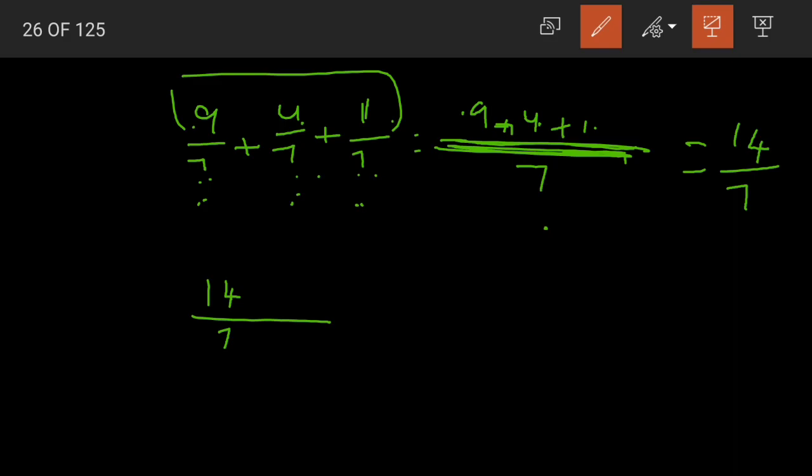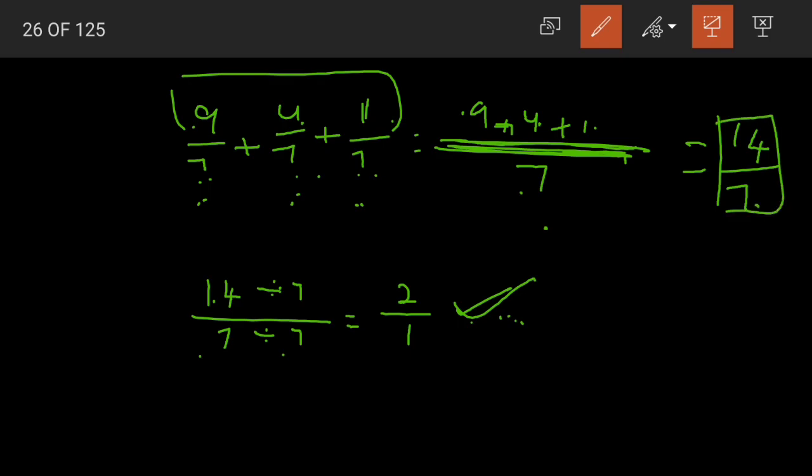If you remember about writing the fraction in the simplest form, if we divide both the numerator and denominator by 7, 14 divided by 7 is 2, 7 divided by 7 is 1. Now 2 by 1 is the fraction in the simplest form.